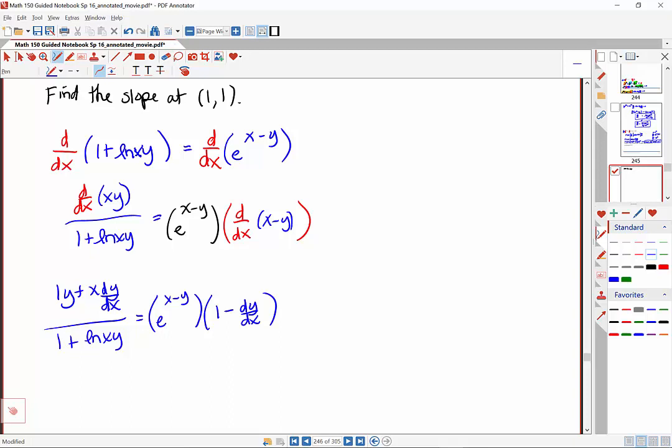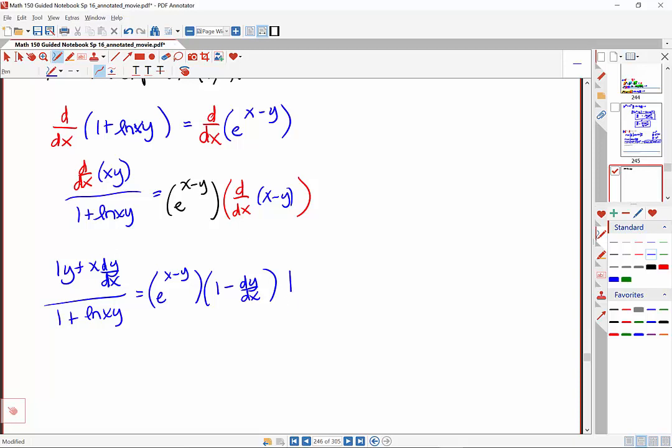Okay, so now we have everything, and remember we want to do this at the ordered pair 1, 1, right?